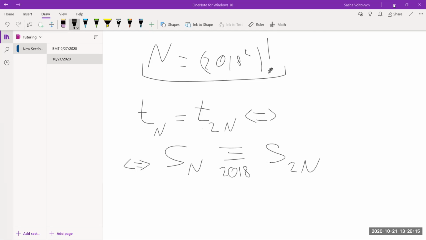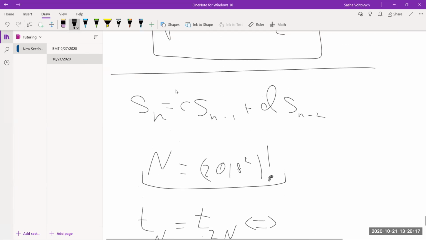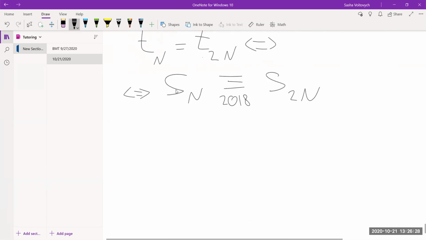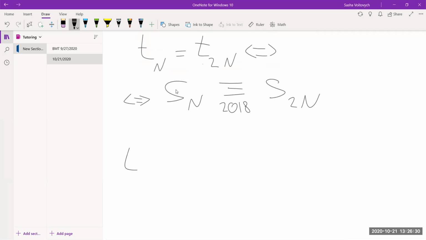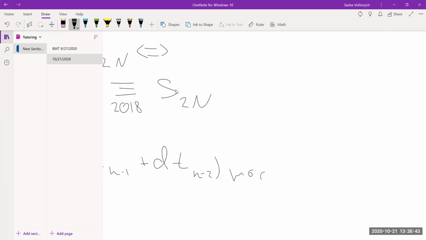However, in this case, the next term is determined by 2 previous terms. Tn is determined as C Tn minus 1 plus D Tn minus 2 mod 2018.